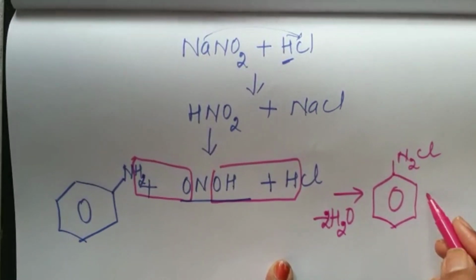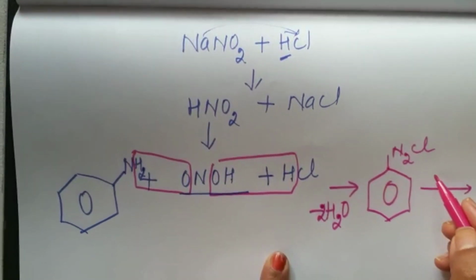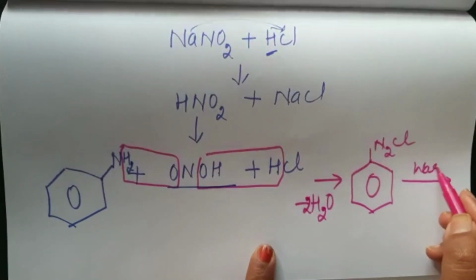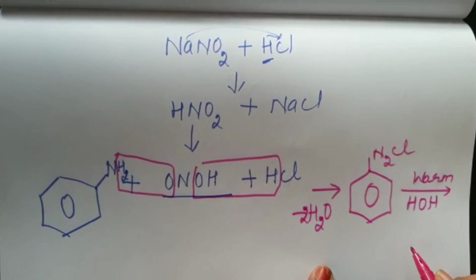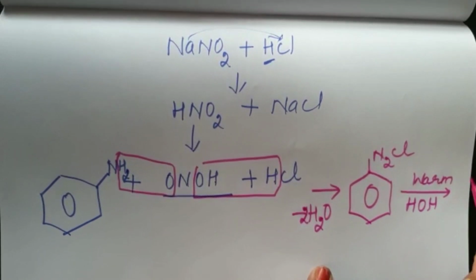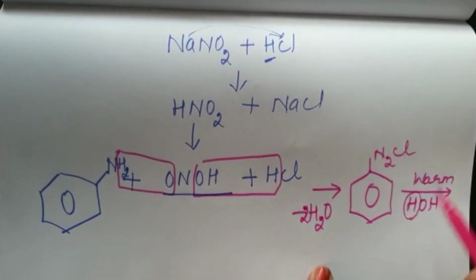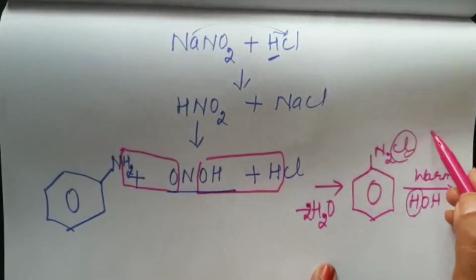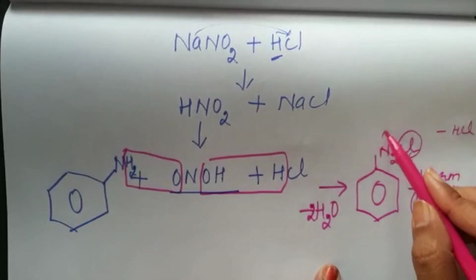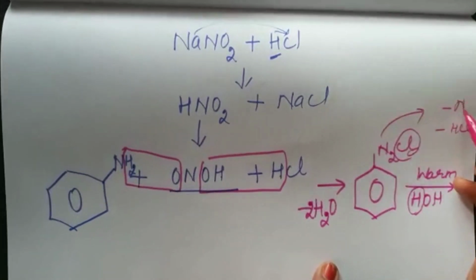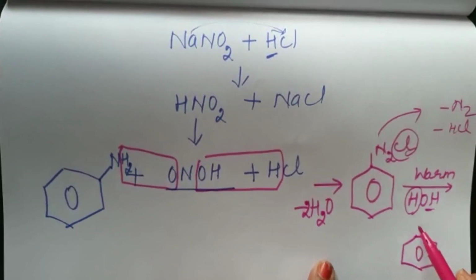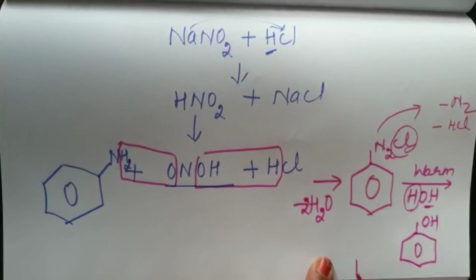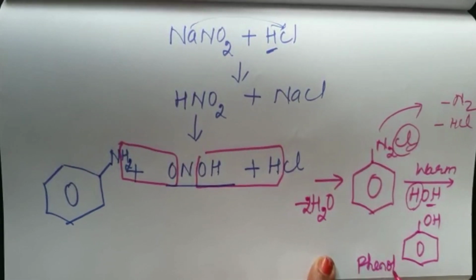Now this benzene diazonium chloride on warming with water, what is the formula of water? HOH, will give you phenol. So H will go with Cl, minus HCl, nitrogen will go out, minus N2. What is left out? OH. OH will attach to the benzene ring, giving you phenol.